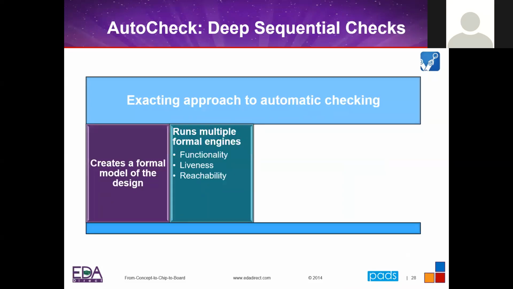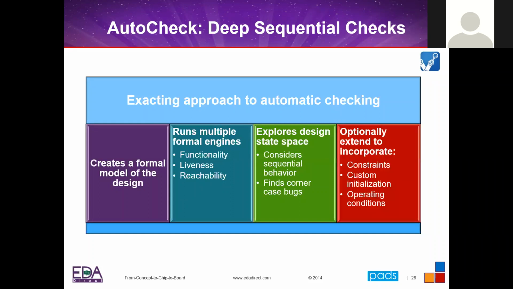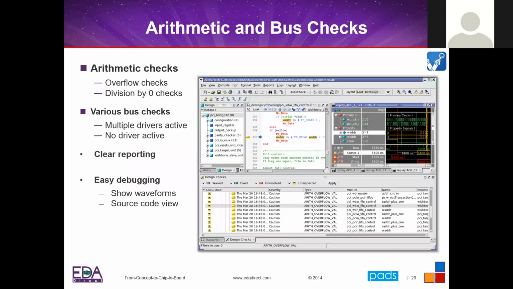So if you look at the approach here, what's happening is that we create this formal model. We're running it through a bunch of different formal engines and doing that state space analysis. So other types of checks that we're going to find are things like arithmetic checks. We'll be able to detect if you're going to get a divide by 0 or if your buses are going to overflow.